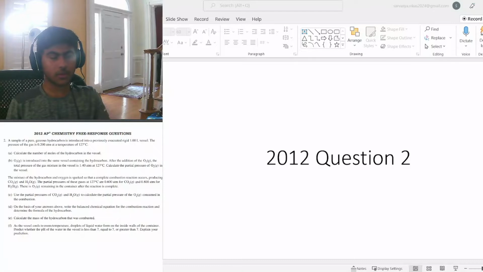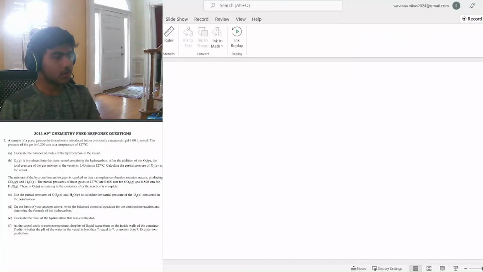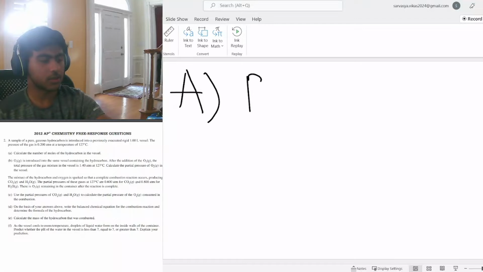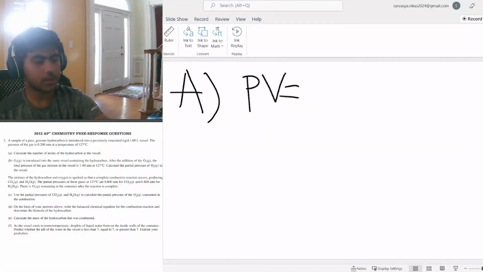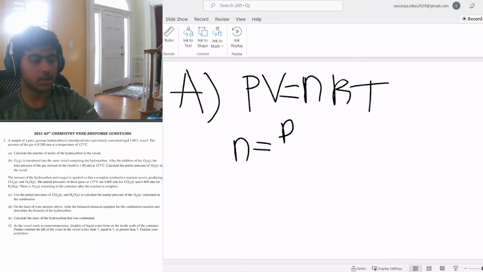Alright, let's see what we can do in here. So we have part A. We're just going to use the ideal gas equation, PV equals nRT, the ideal gas law. We want to solve for the number of moles, so n equals PV over RT.